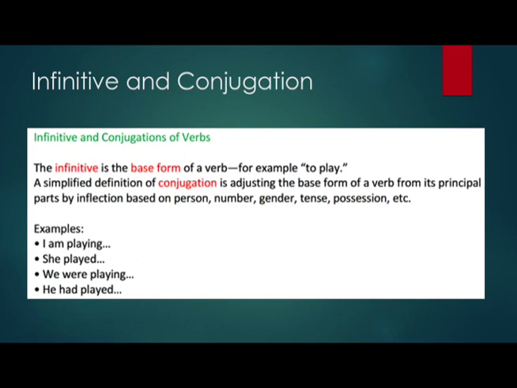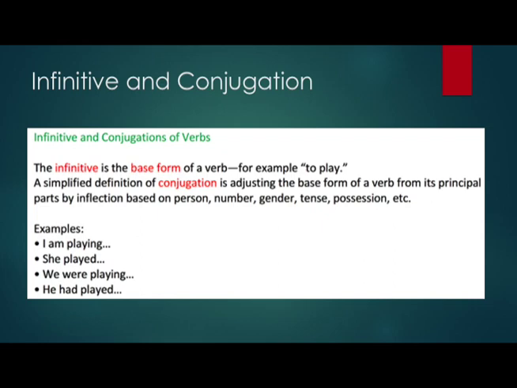Now, the conjugation, and let me give you a simplified definition here, because if we took into consideration everything that determined the conjugations, it would be a rather long and overwhelming sentence, it is basically adjusting that base form, the infinitive of a verb, from its principal parts by inflection based on a person.